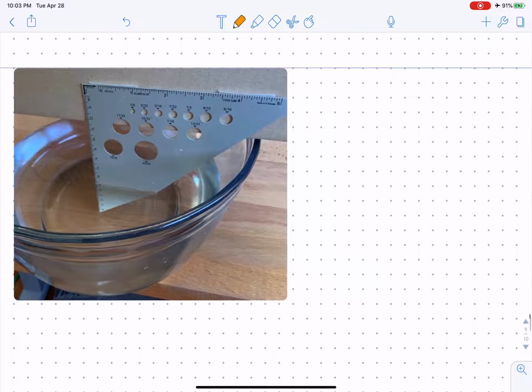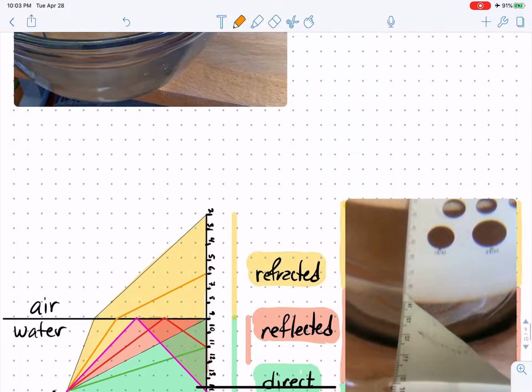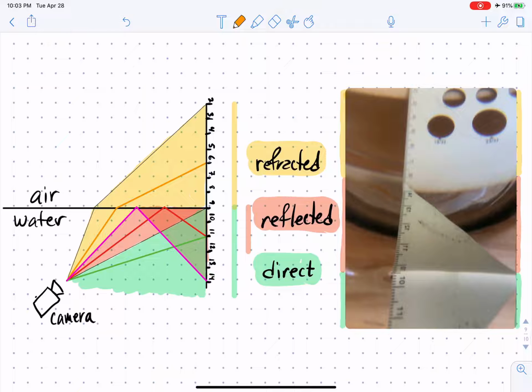Okay, so it's just sticking into the water. I couldn't put the camera inside because it isn't waterproof, but I put it on the side of the bowl, kind of looking up at about a 45-degree angle, so it could look in through the side of the bowl, like looking into a fish tank. And this is what you see. Now it's going to be a bit confusing, so bear with it.